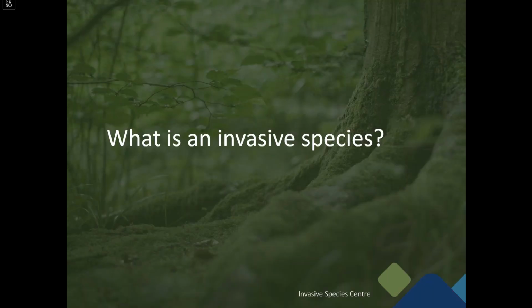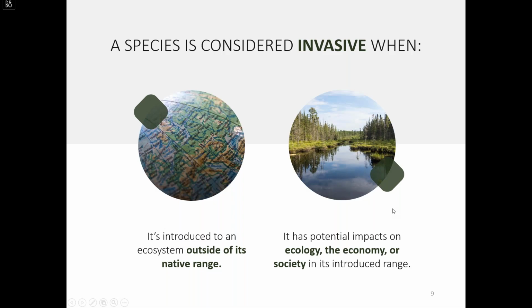Now to take a step back and talk about what actually is an invasive species and what are the concerns here. An invasive species is considered when, as you can see here, it's introduced to an ecosystem outside of its native range, and has the potential for impacts on either the ecology, the economy, or the society within that introduced range.